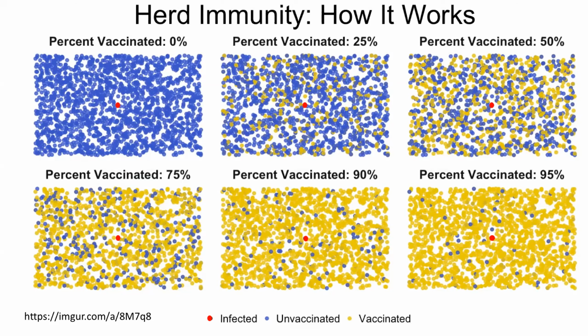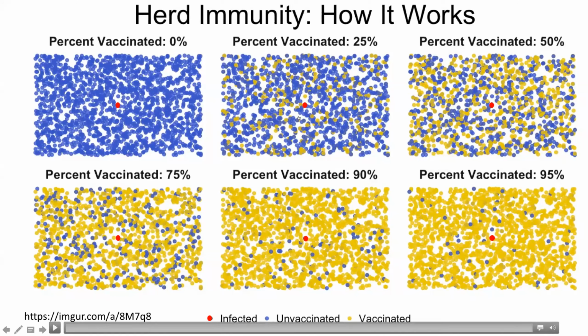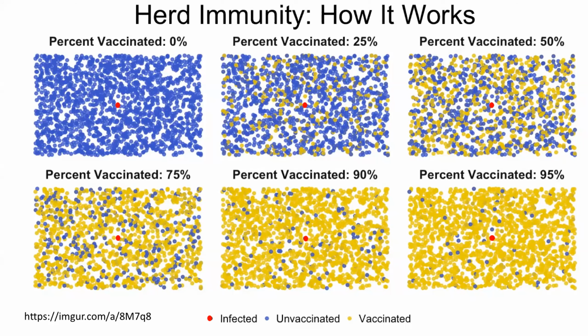And the red dot in the middle shows the introduction of a single infected person within each of these populations, and how their contacts with susceptible people change based on the level of immunity in a population.